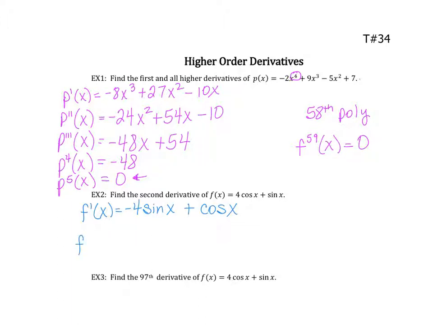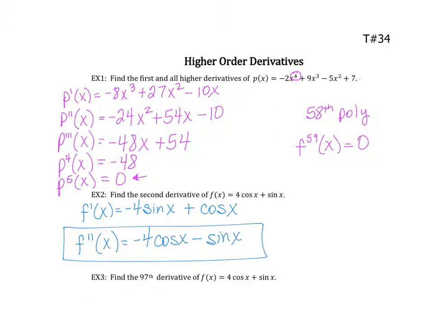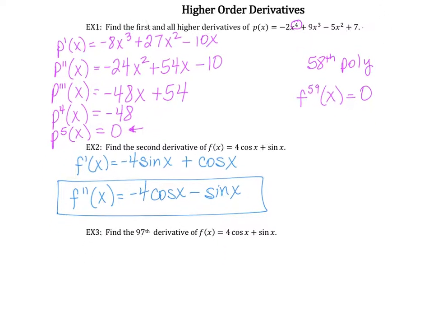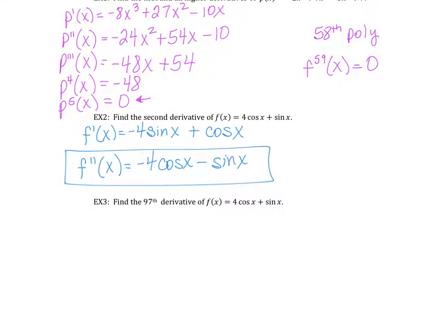So the second derivative, the one that they asked for, is just the derivative of that, which would be negative 4 cosine of x minus sine of x. And there's my second derivative. Cool. So it's not hard. You just keep going.